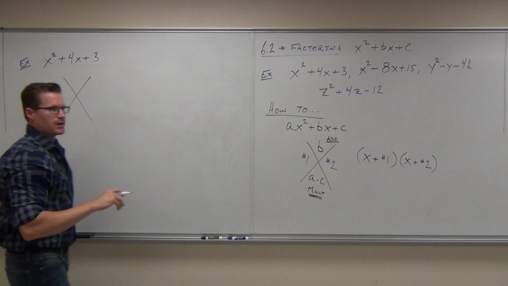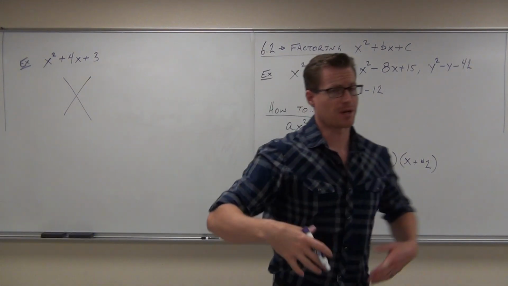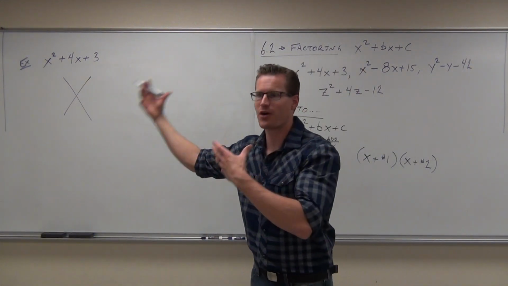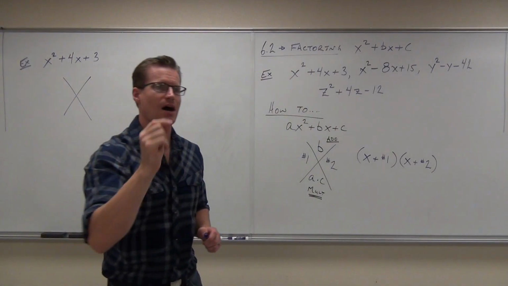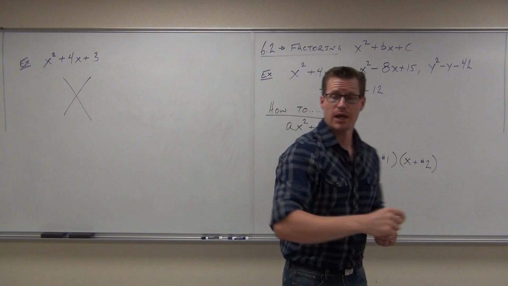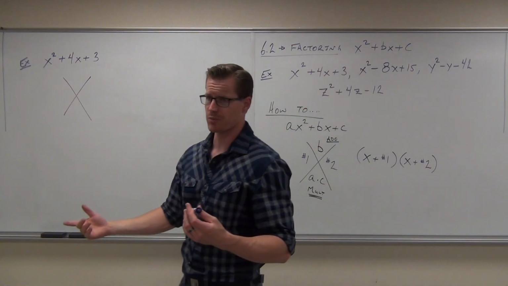Okay, so here's the thought process. I'm going to model my thought process for you on how I would think about it. First thing, I check for a GCF. Do I have a GCF for those 3 terms? No. It's a 3-term polynomial. Can I do factoring by grouping?